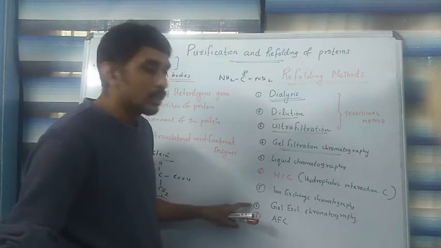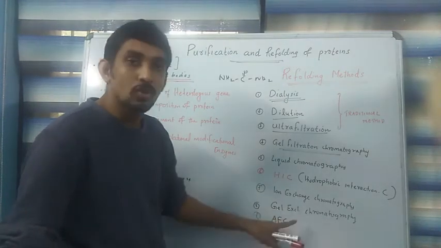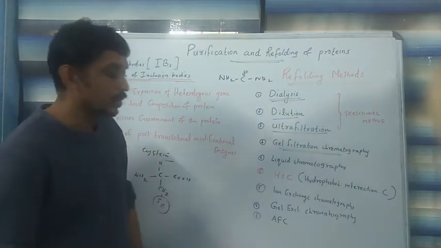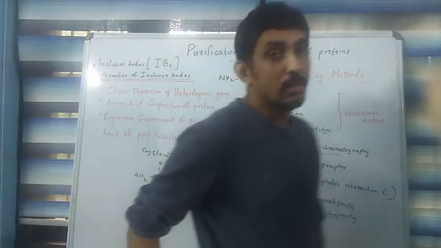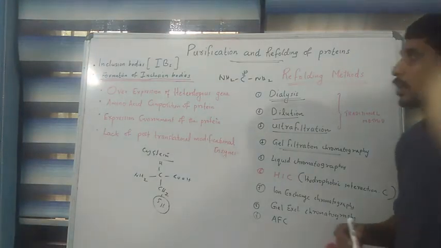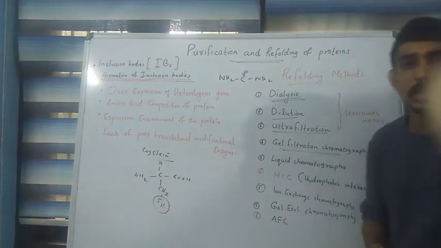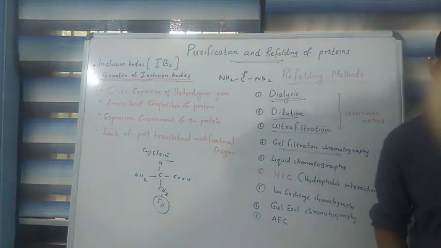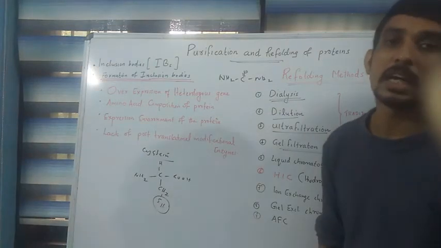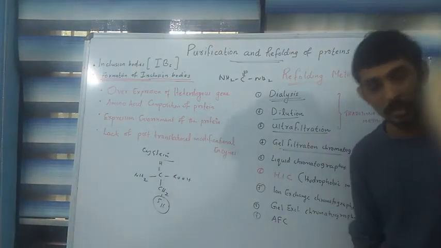The eighth one is GEC, gel exclusion chromatography. And the last one, affinity chromatography. These are the few techniques used for the purification and refolding of protein. Thereby, we can decrease the amount of inclusion bodies, or non-functional clumps or clusters of protein.